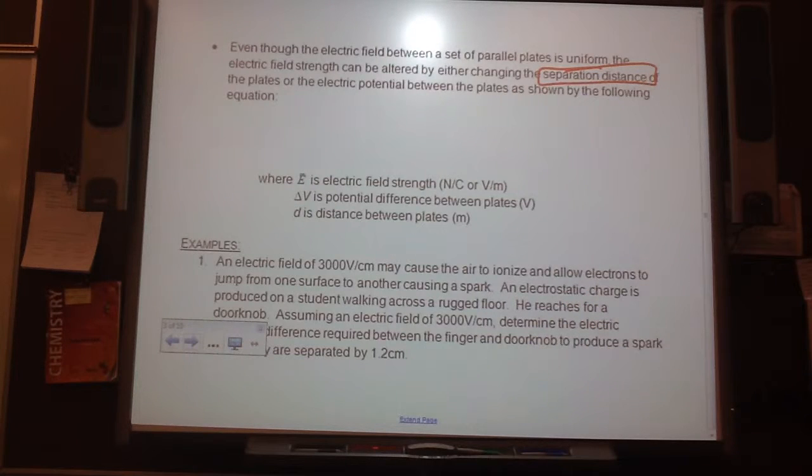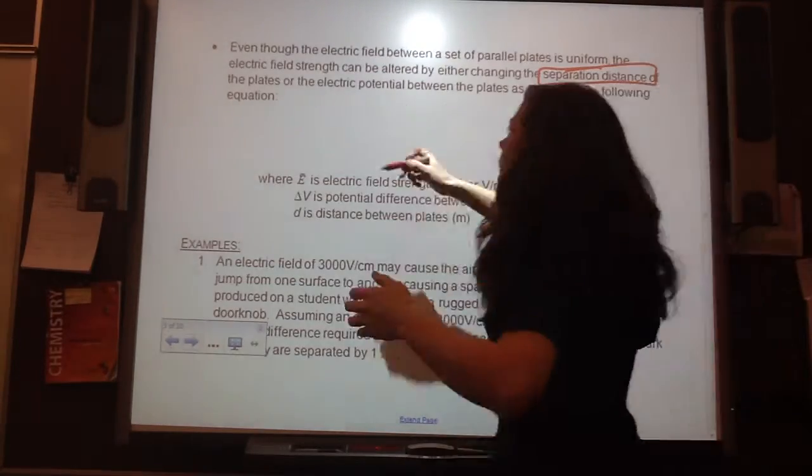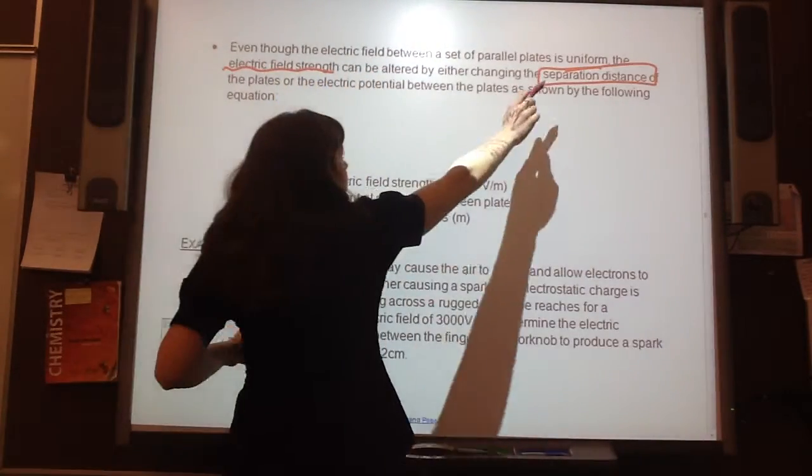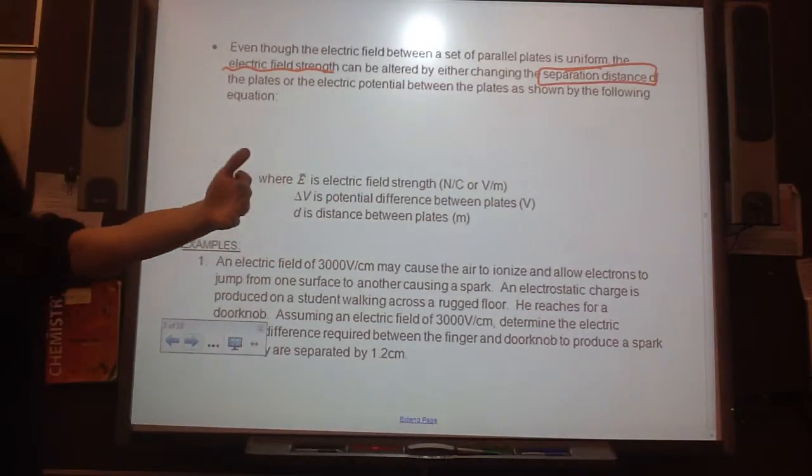Because if two charges, like you guys know, our benches would be attracted to each other. So if we actually brought our benches even closer, there's even more attraction. If we brought them farther, there's less. So we could actually change the electric field strength by changing how far apart the plates are.